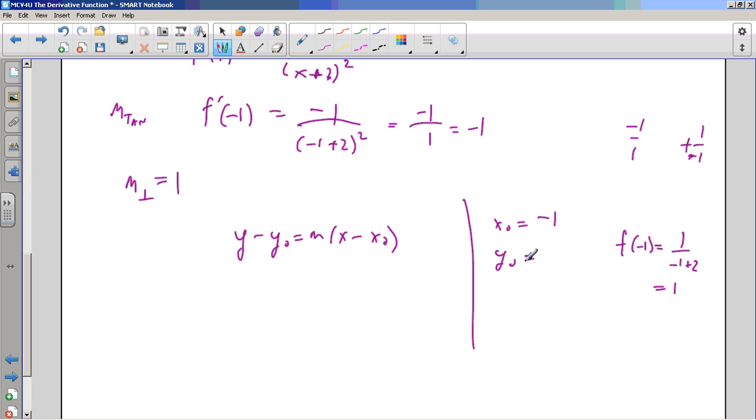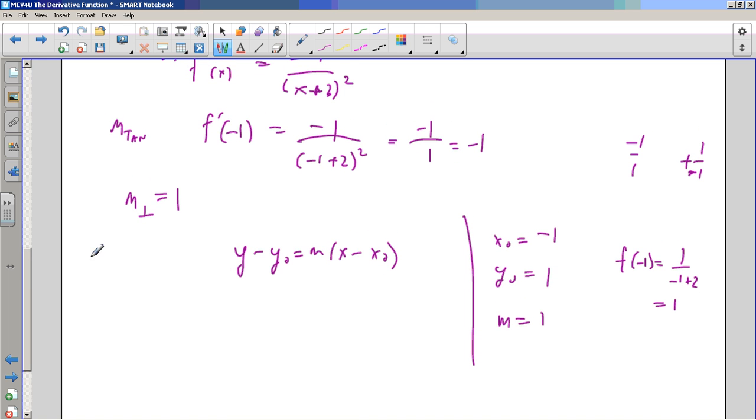Right? And my slope was 1. So I get the equation y minus 1 equals 1 times x minus 1 plus 1.